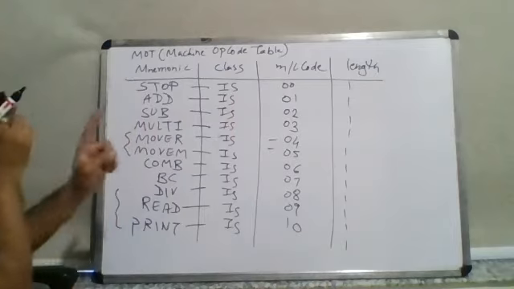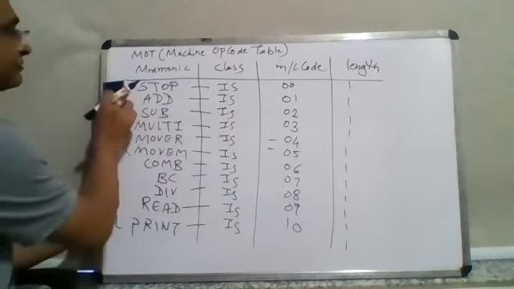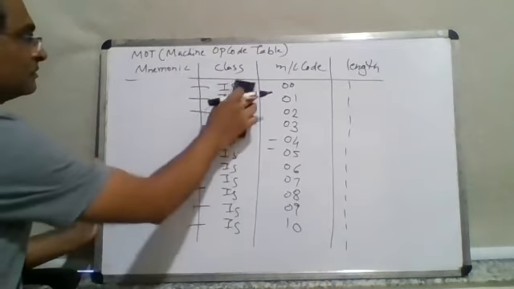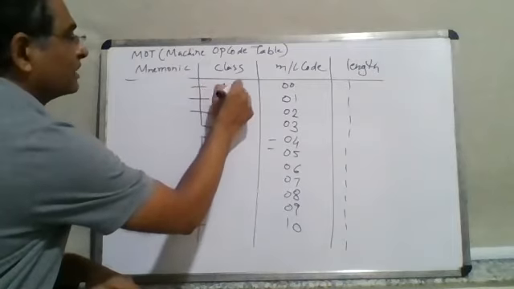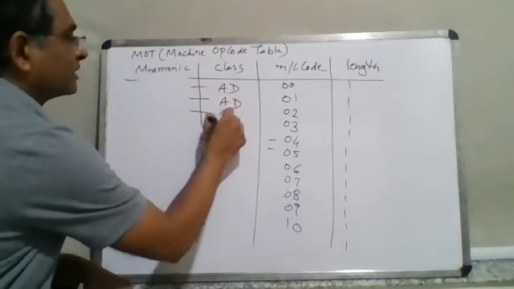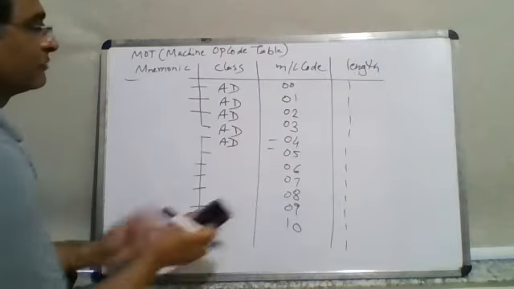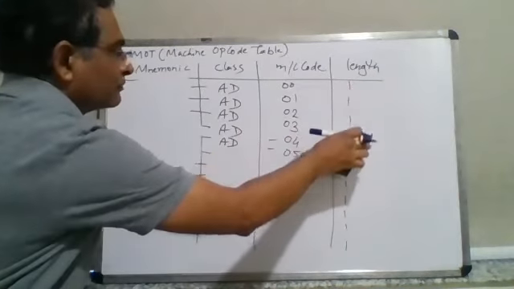We'll continue with the other class, which is your assembler directive class. So there are 5 assembler directives inside the MOT table, 1, 2, 3, 4, and 5.